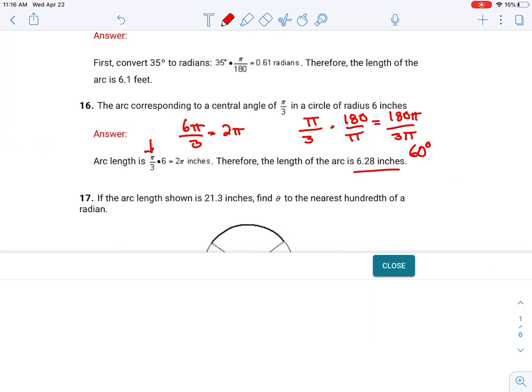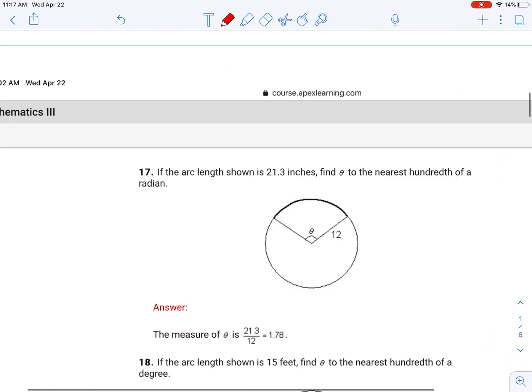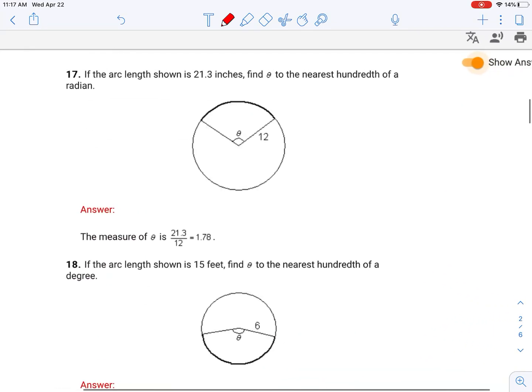So if I were doing it the other way, I would go 60 out of 360 times 2 times pi times the radius, which was 6, okay? And when I do all this, if the math is correct, I should get 2 pi. 60 times 2 pi times 6 is 720 pi over 360, which is, in fact, 2 pi. Okay, moving on to other problems.